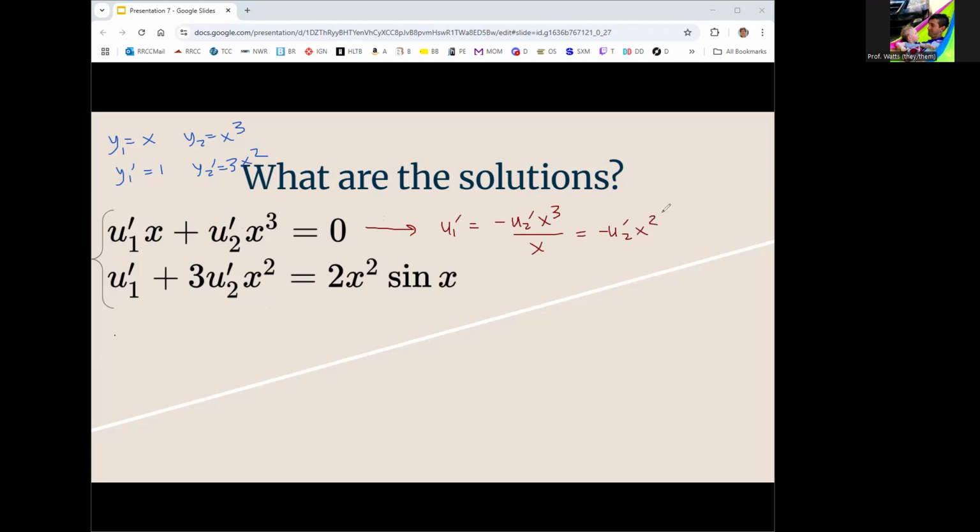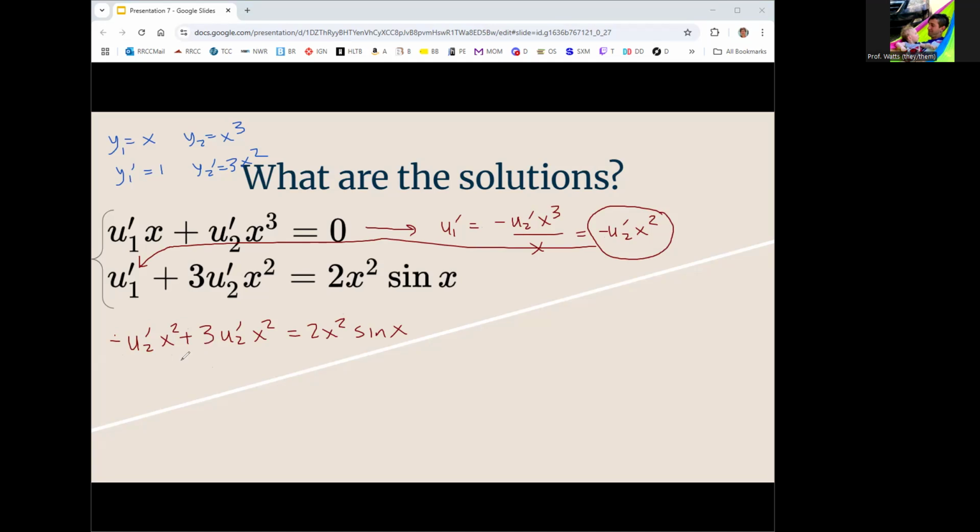All right, and then the basis with the substitution method is you would take that and substitute it into the other equation for u1 prime. So it goes right there. Notice now we have an equation where it's only u2 prime and we can solve for u2 prime.